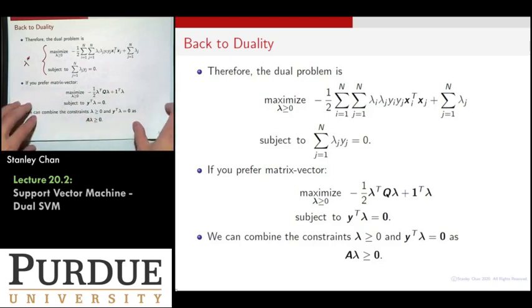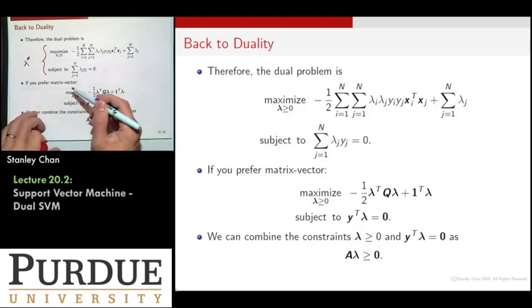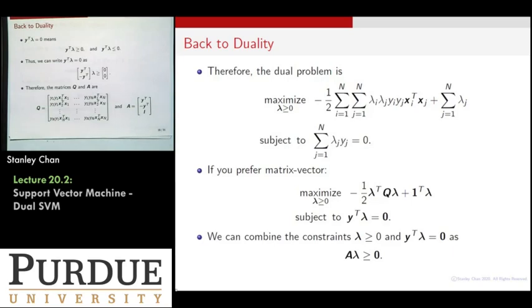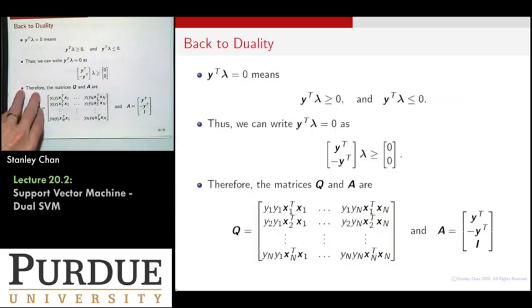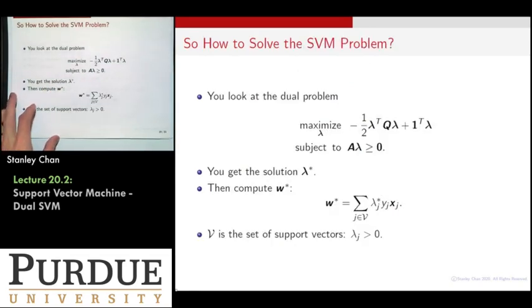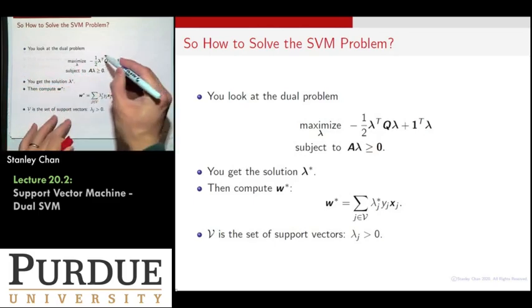I can group the terms all together, because you also have an additional constraint of lambda being positive. So I can group all the terms together to get this form. Let me skip the slide and go to the final slide, and then we go back to page 18. This is the ultimate dual problem that I cared about.